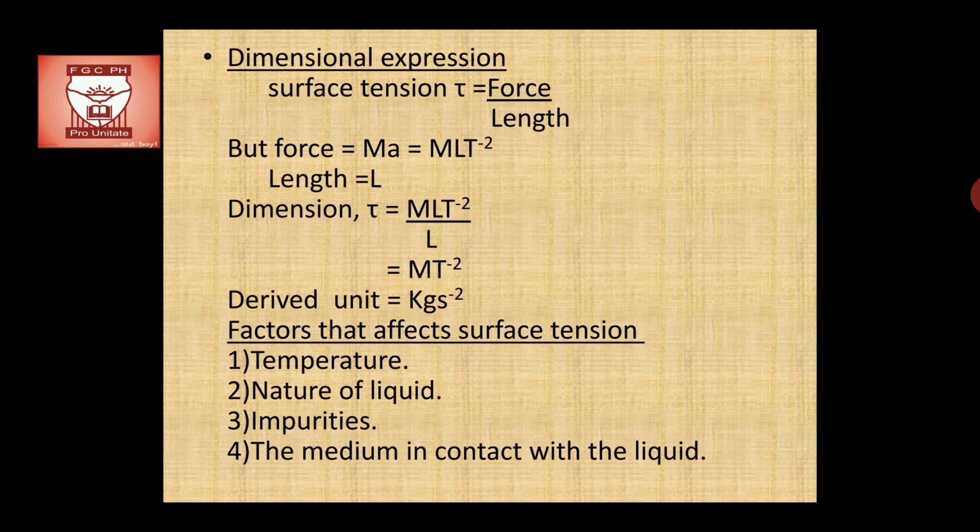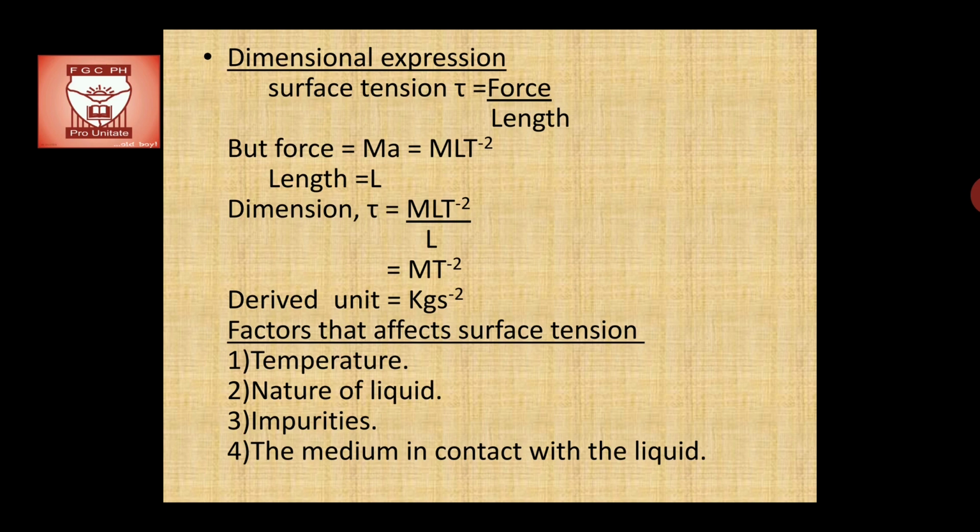Before this time, we have talked about fundamental and derived units. There we talked about forming dimension for some of the quantities. So we can form dimension for surface tension, knowing fully well that surface tension is force over length, but force equals ma, that is mass times acceleration. Acceleration dimension, we know it before now, is LT to power minus 2.